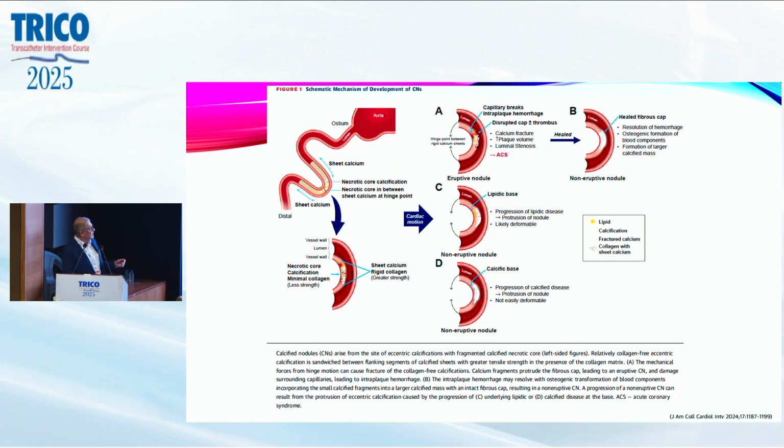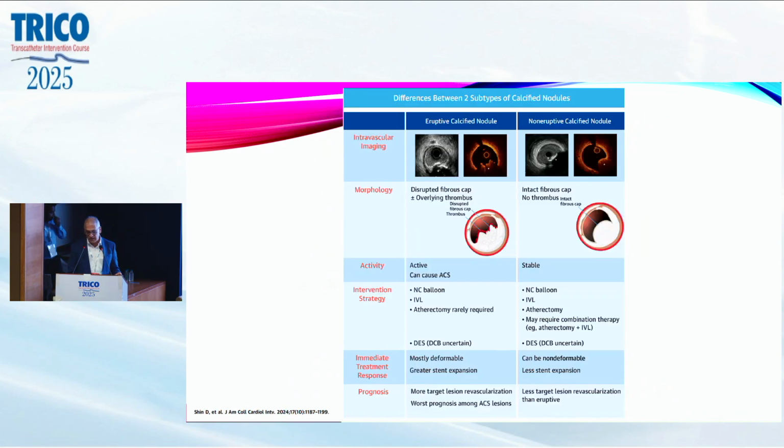So you could have two varieties of the non-eruptive nodule. One, which you'll see in figure C there, where the lipidic portion progresses, so you essentially have calcium on a pillow. And the other one, which you see in D, is all calcium. This is non-deformable, and that has implications. So essentially you have eruptive and non-eruptive.